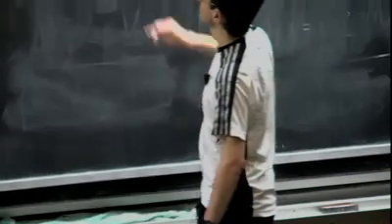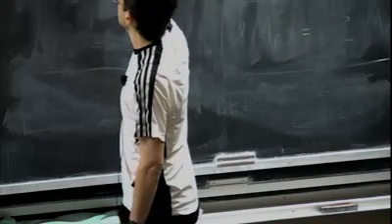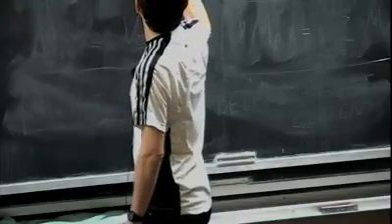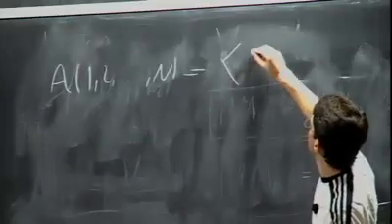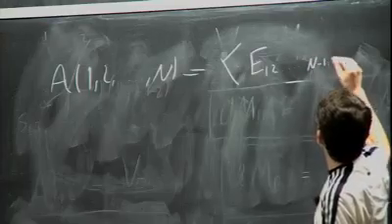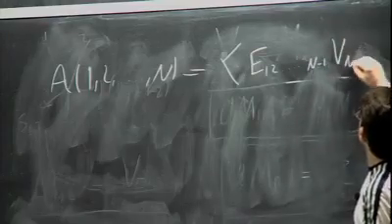And so let's generalize that. So let's say that the amplitude 1, 2, n is E12 n minus 1, Vn.